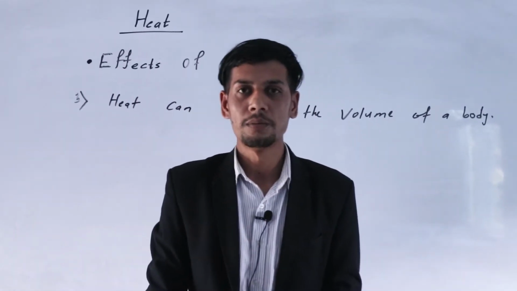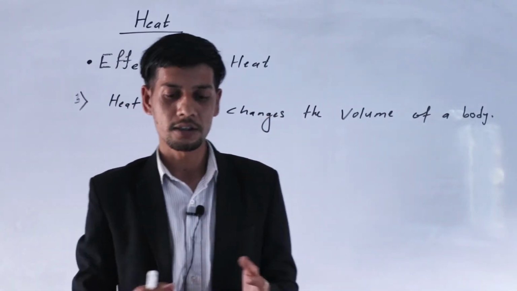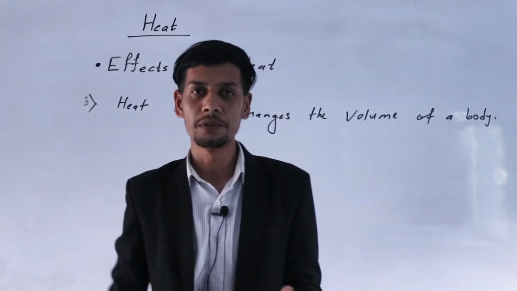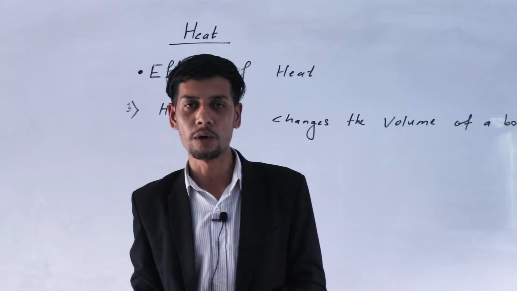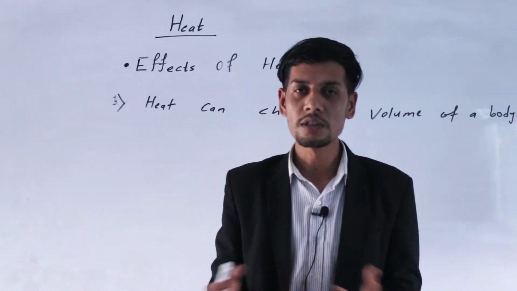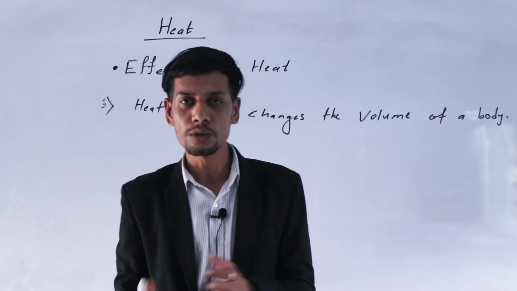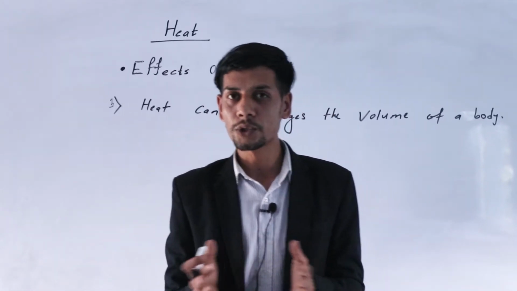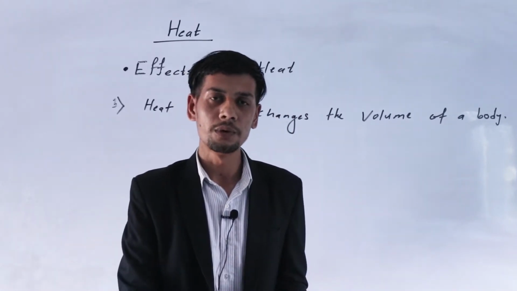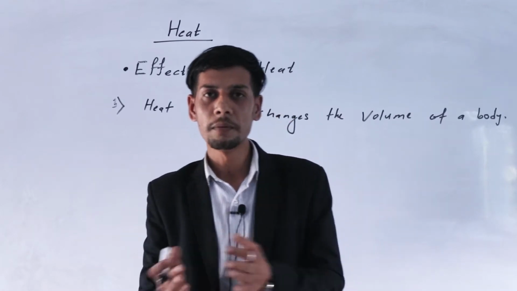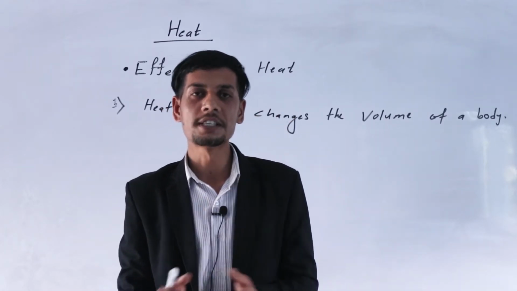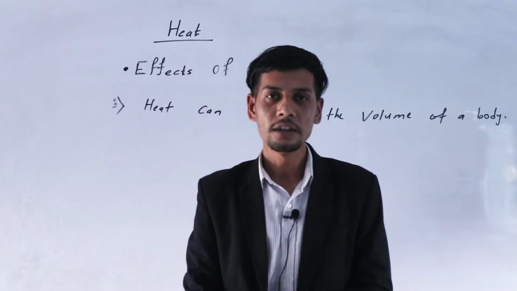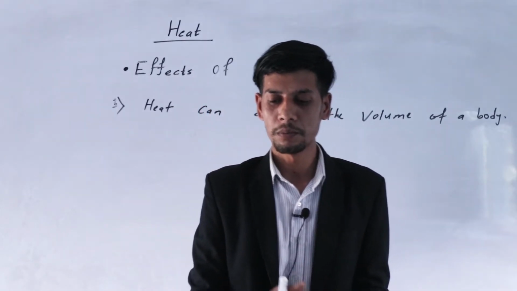We know that volume is the space covered by a body. In our previous class, we learned what volume is. Also, in mathematics, we used to calculate the volume of a body, that means the volume of a cuboid, a brick, etc. So volume is the space covered by a body.